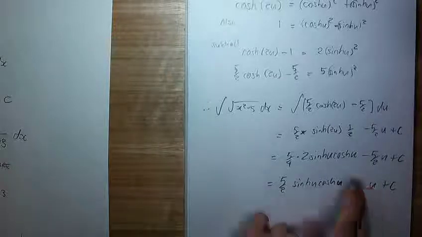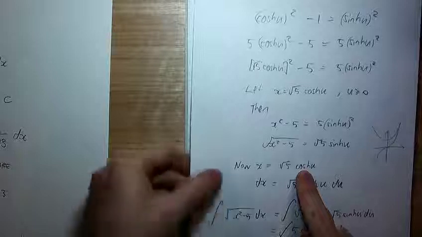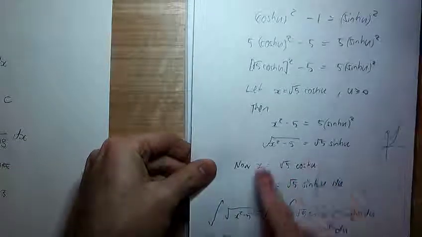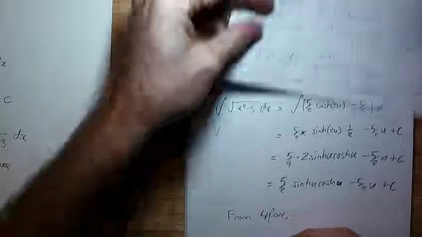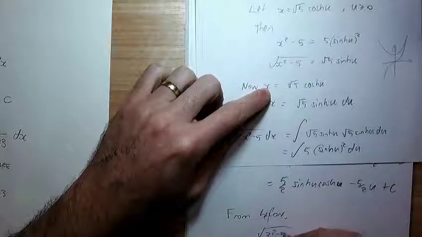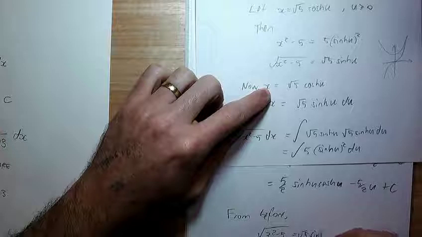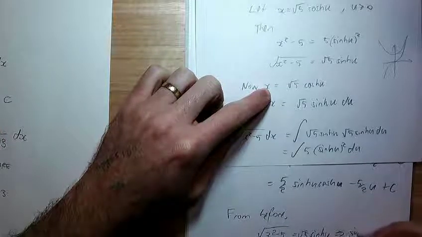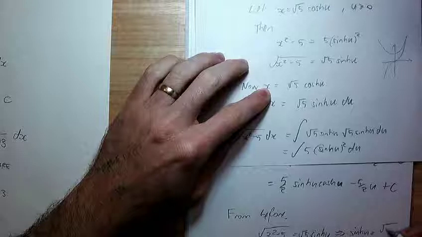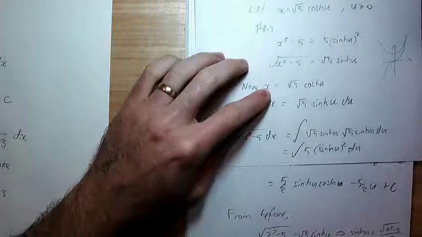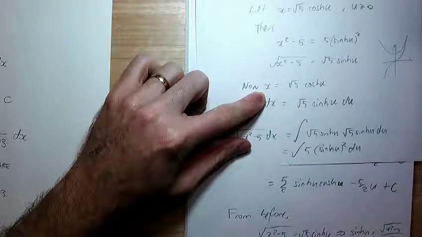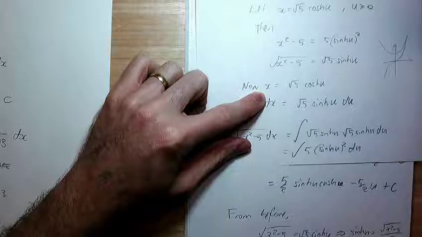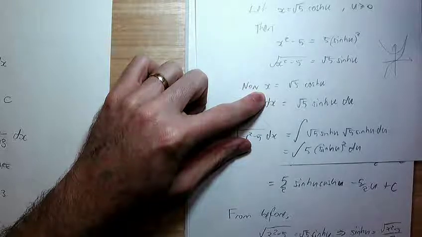I know what u is because I can rearrange that from here. I know what cosh u is because I can rearrange that, and I know what sinh u is because I can rearrange that. So from before, we had that root x squared minus 5 is root 5 sinh u, which means that sinh u is root x squared minus 5 on root 5. We also have that x is root 5 cosh u, which means that cosh u is x on root 5. Sorry, guys.